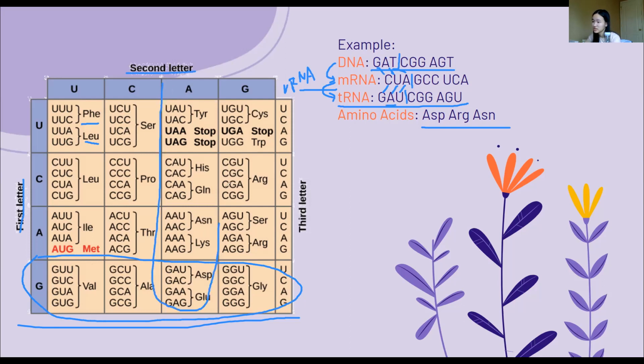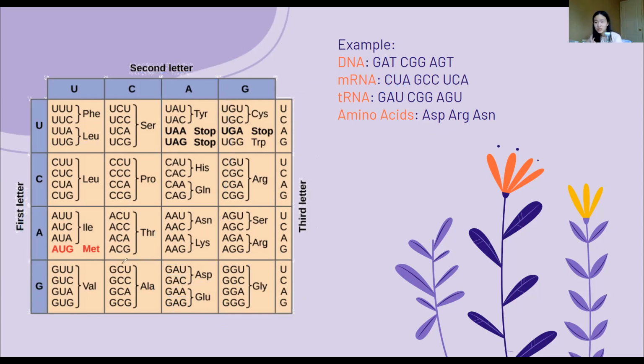I apologize for my circling skills. The third letter is the last one on this side, and it just tells us which one to look at within these boxes. So we're looking for a GAU, which is right here, and that codes for ASP, which I believe is like aspartame or something. So that is how we would get the amino acid chain.